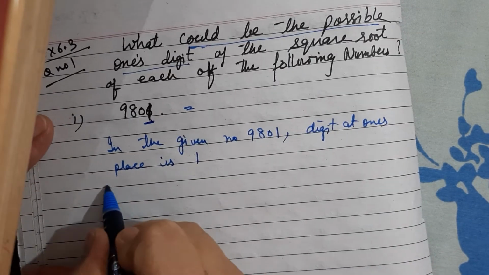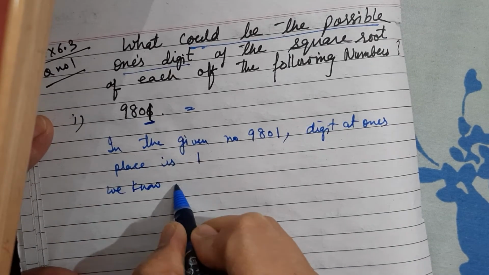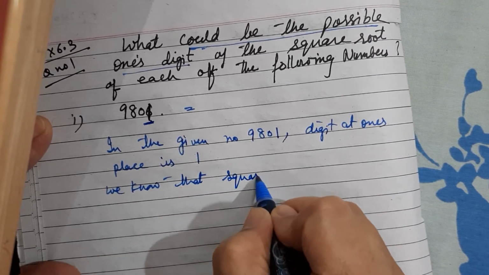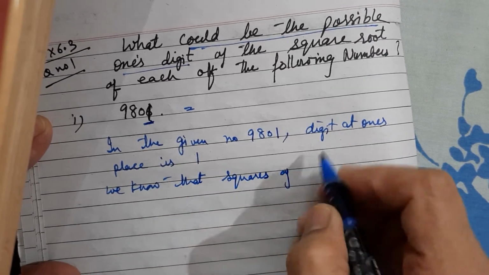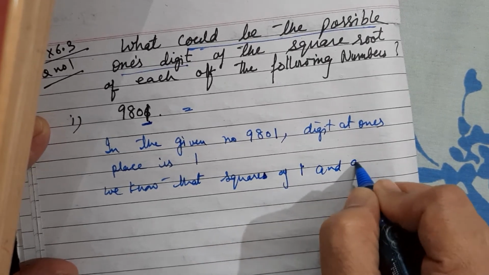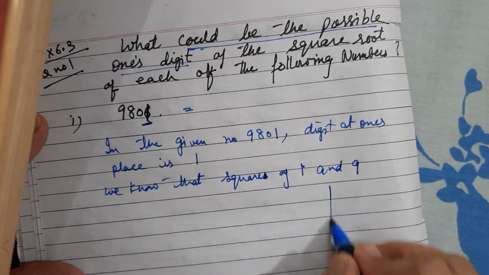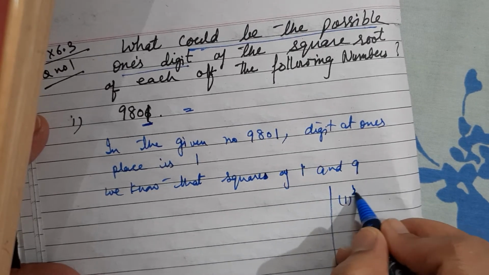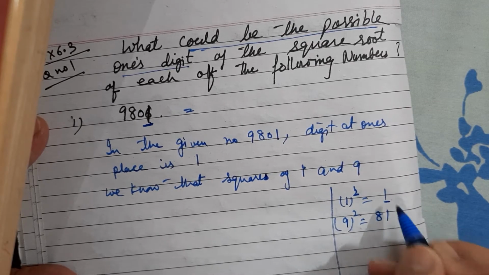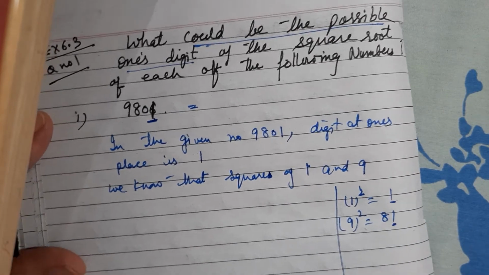Now we know that the squares of 1 and 9, right? 1 and 9. See here, square of 1 is equal to 1, square of 9 is equal to 81. So they both are ending with 1, right?